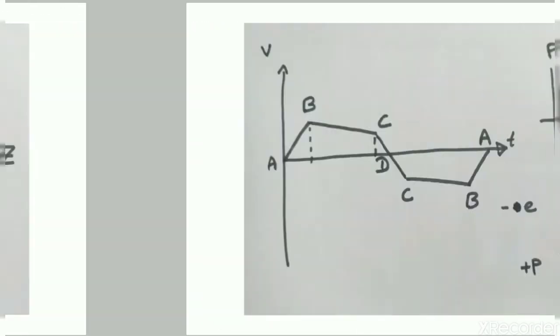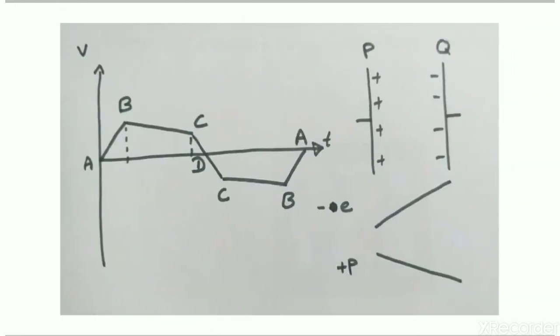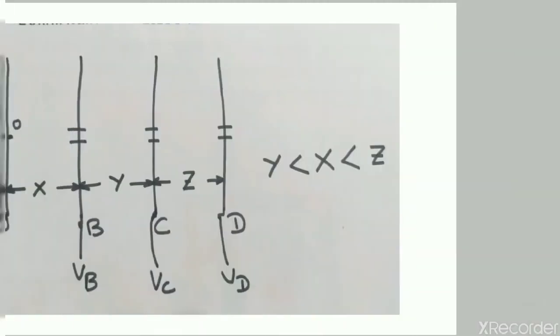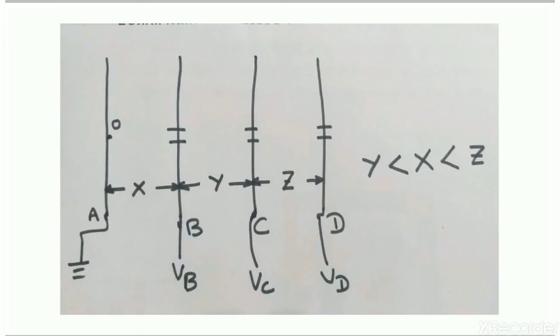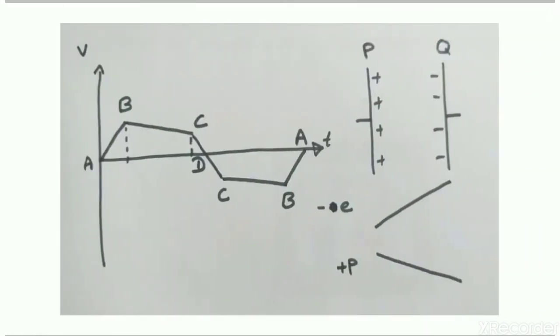I have told you, for the electron to go from the B plate to the D plate, there should be a voltage difference having the highest voltage on the B plate towards D. I hope you understand. Then the electron will be moving with difficulty from B to C, and with even more difficulty from C to D. That is the one depicted in the velocity time curve.